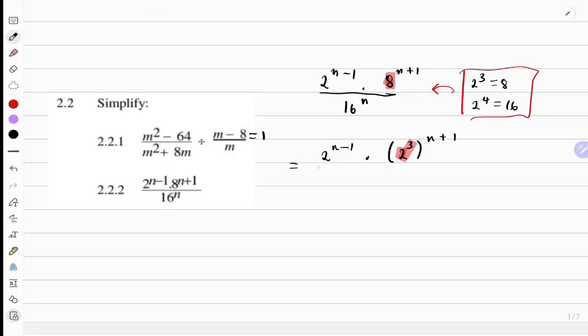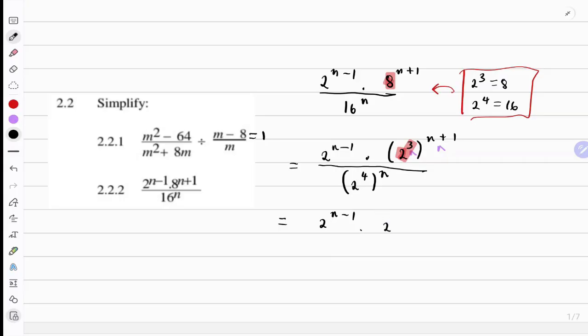And in the denominator, 16 can be written as 2 to the power of 4, raised to the power of n. So this is 2 to the power of n minus 1 multiplied by, if you have a power raised to another power, you should multiply the powers.